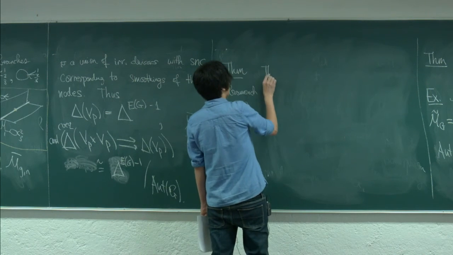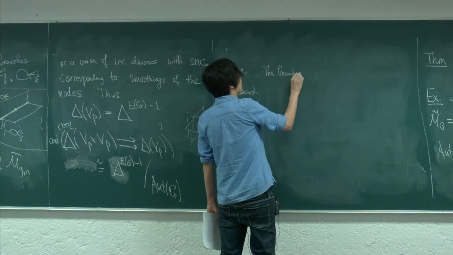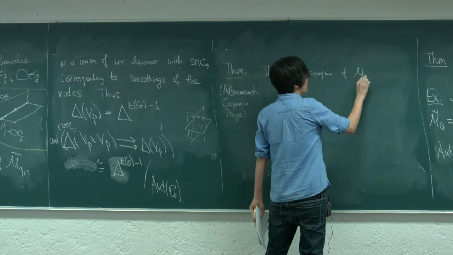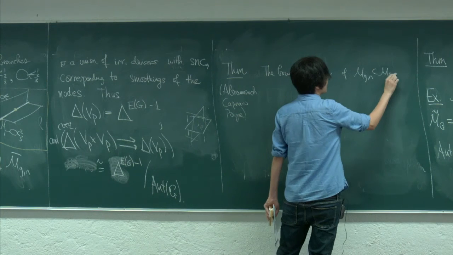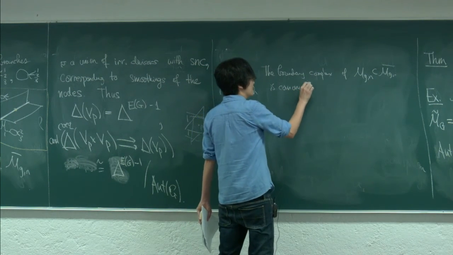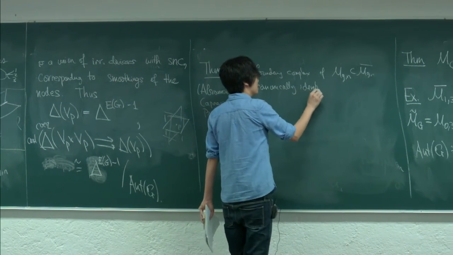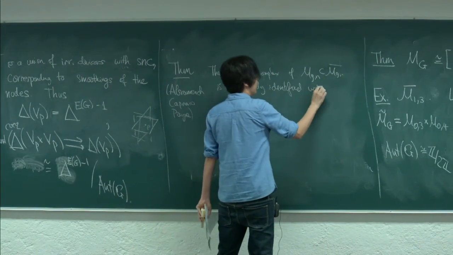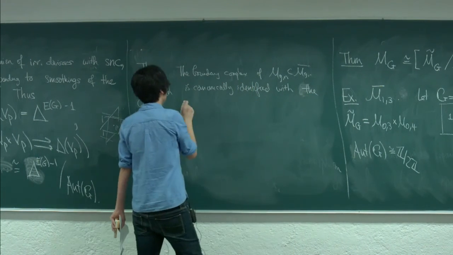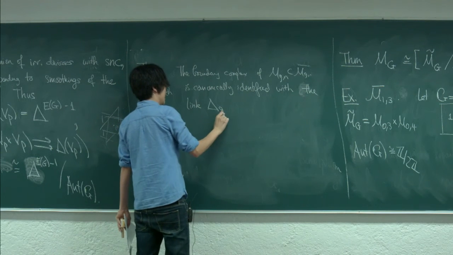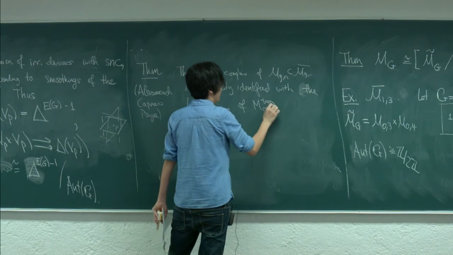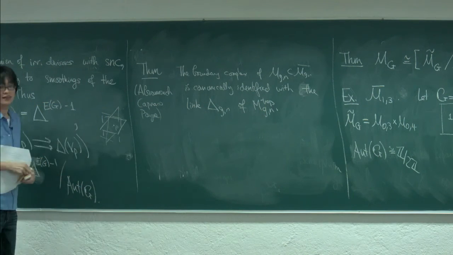So the theorem is that the boundary complex of the toroidal embedding of Deligne-Mumford stacks is canonically identified with the link, which we wrote delta GN. It's the cross section of tropical MGN, the moduli space of tropical curves.